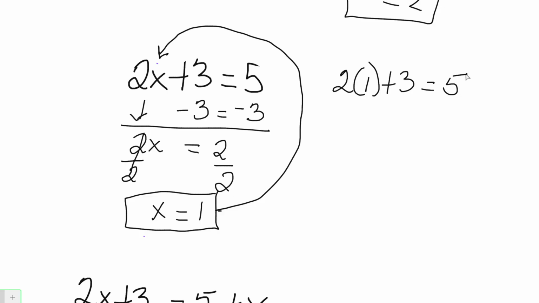So that means I put this 1 in parentheses because we know parentheses means to multiply if it's a number by itself. Nothing else is in it. 2 times 1 is 2, plus 3 equal 5. This looks like it's correct to me. 2 plus 3 is 5, and equal 5 is 5. So 5 is 5. Can't be any other number.